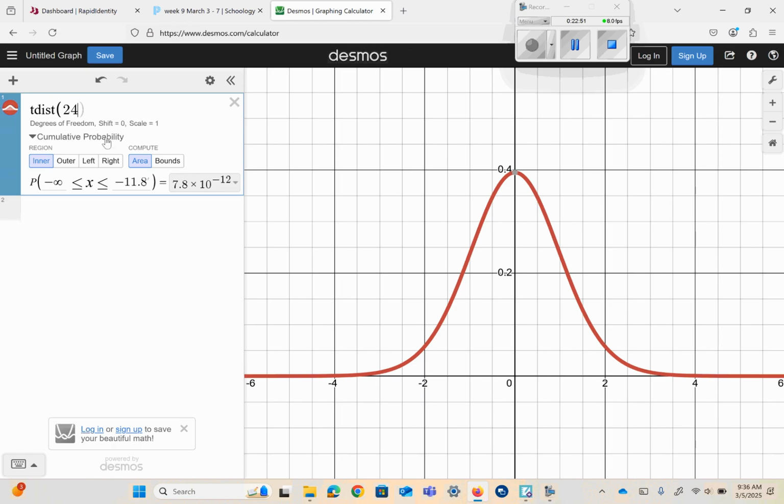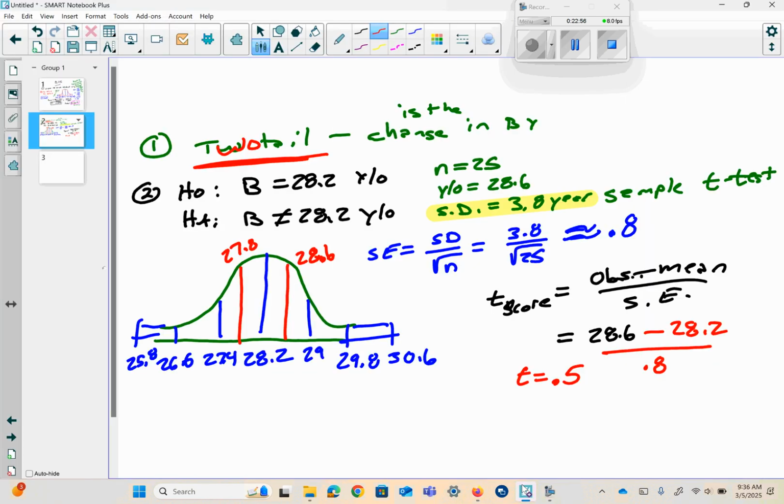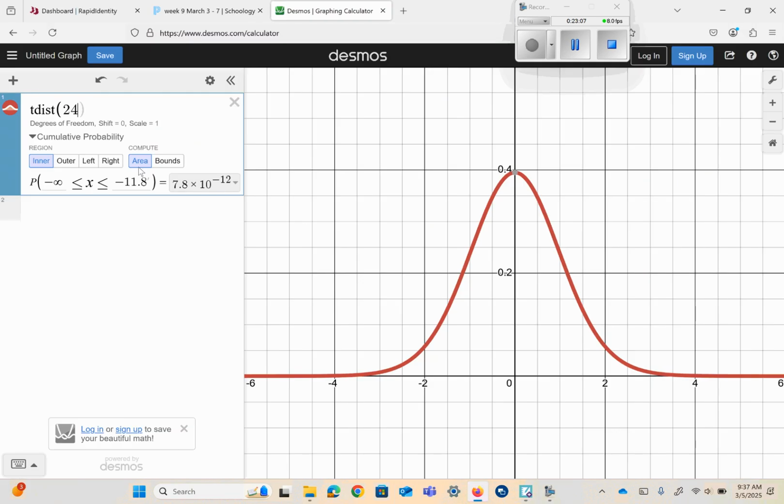All right, so what did I find that t-score to be? 0.5? Yikes. T is 0.5. All right, we can do this.